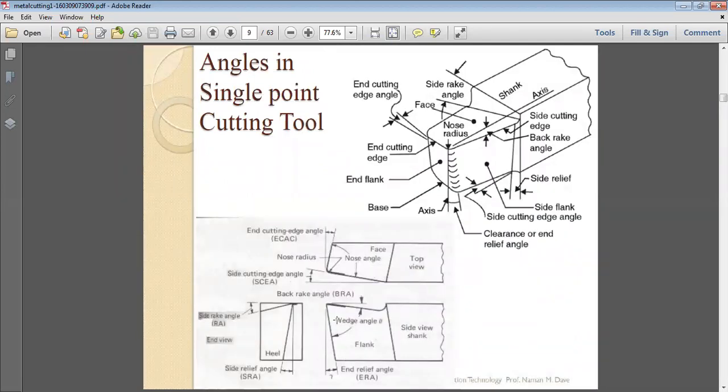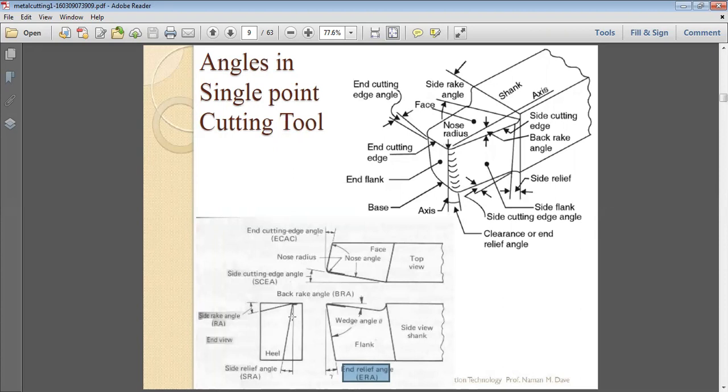On the front side of the tool, the angle at the tip below the lower end of the front of the tool is the end relief angle. Similarly, on the side, the edge is tilted, and the angle there is the side relief angle. Clear? So this is the end relief angle, and this is the side relief angle.